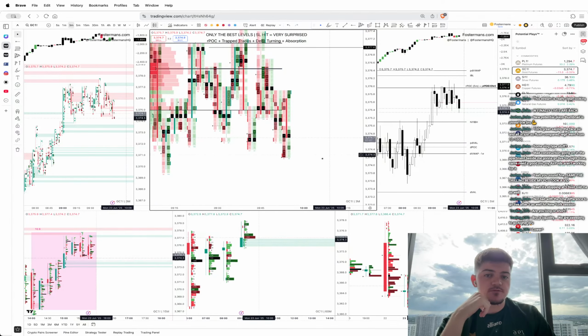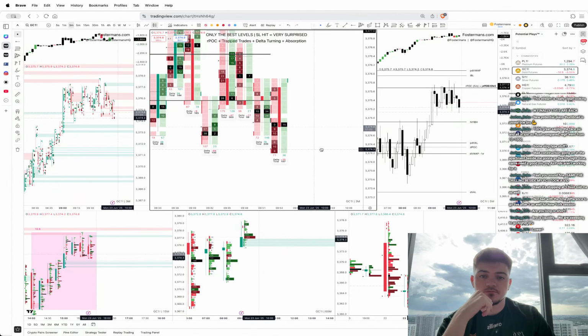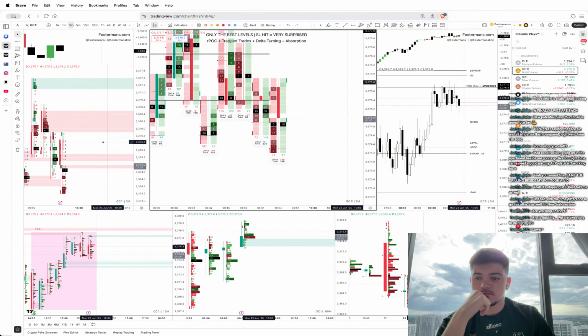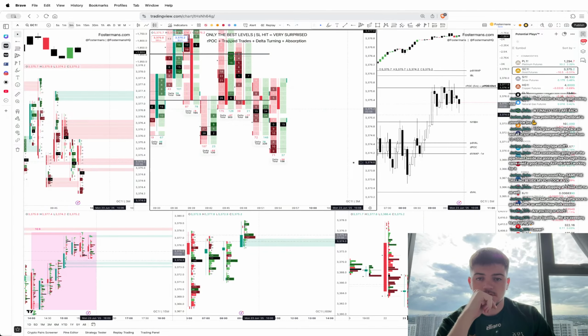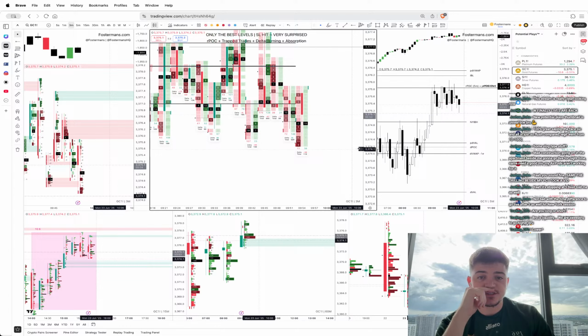Last three candles, we've been getting volume coming in lower and lower and lower. But you know, it gets bought up every single time.